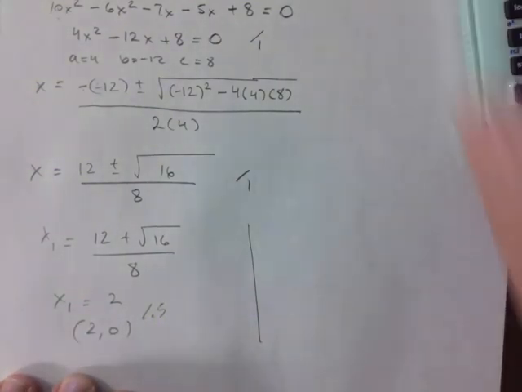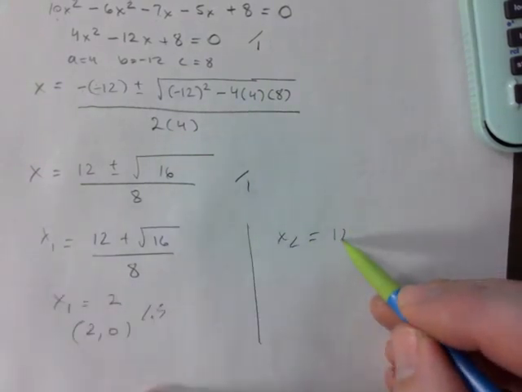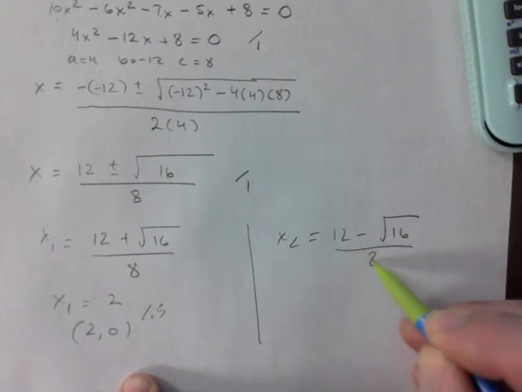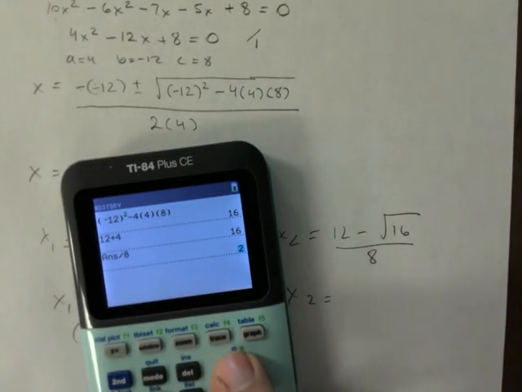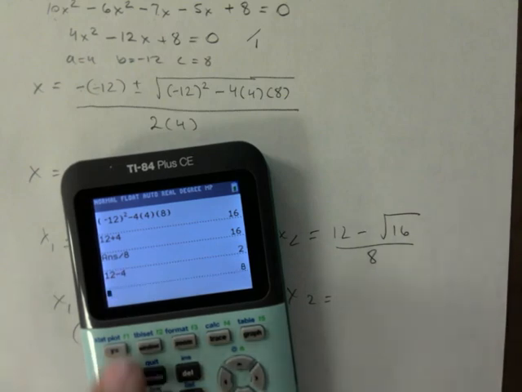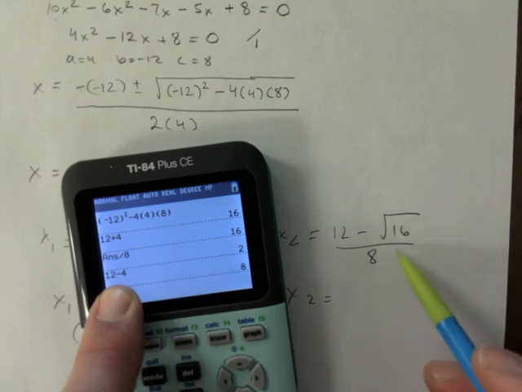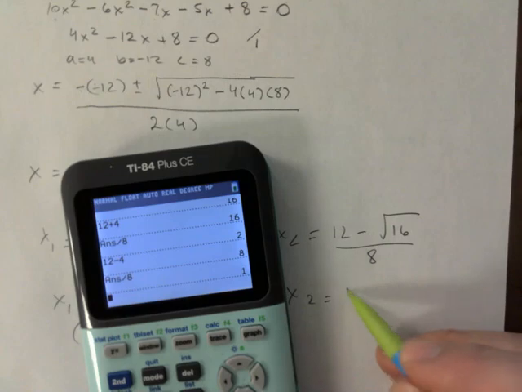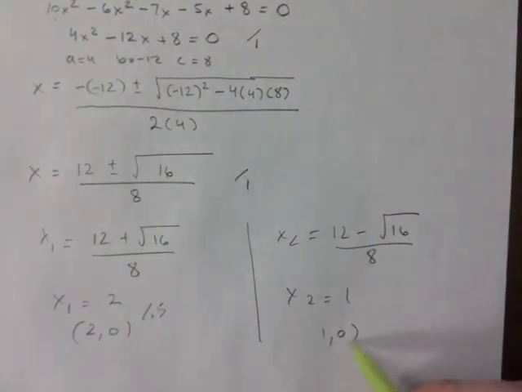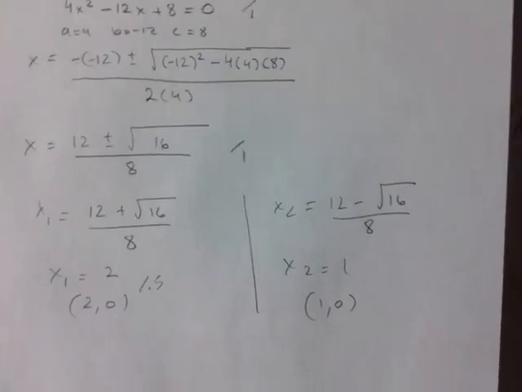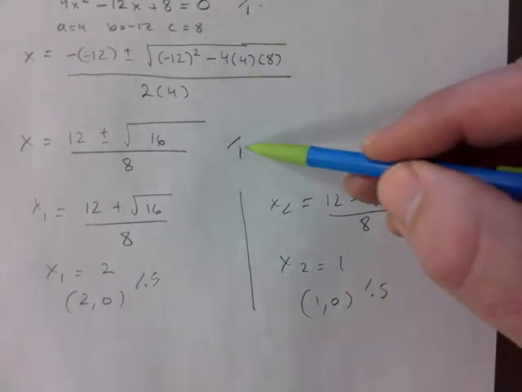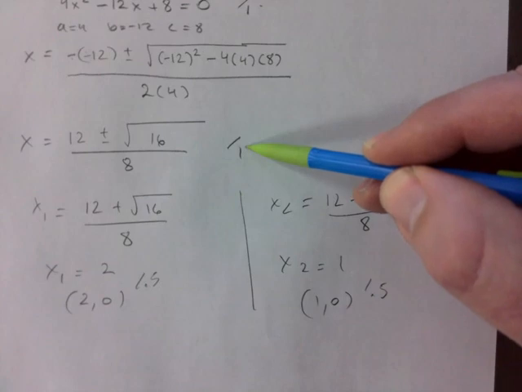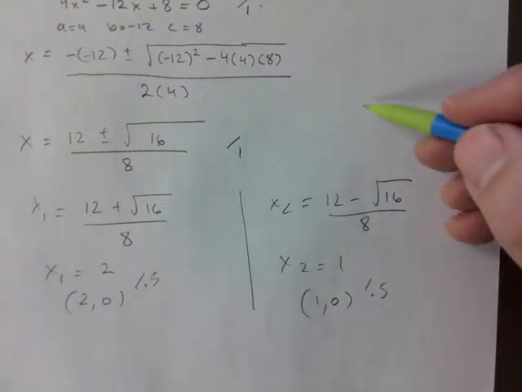And then the x2 is going to be 12 minus root of 16 over 8. You just do the opposite, right? Some of you don't even need a calculator for this. But you subtract whatever you get here, which is 4, and then you divide that answer by 8, so you get 1. Okay. This is also worth half a mark. So we've got 1 for cleaning it up, and then half and half. So 2 in total.